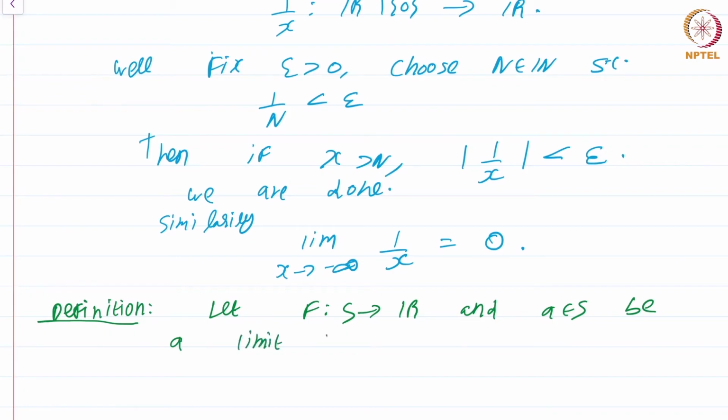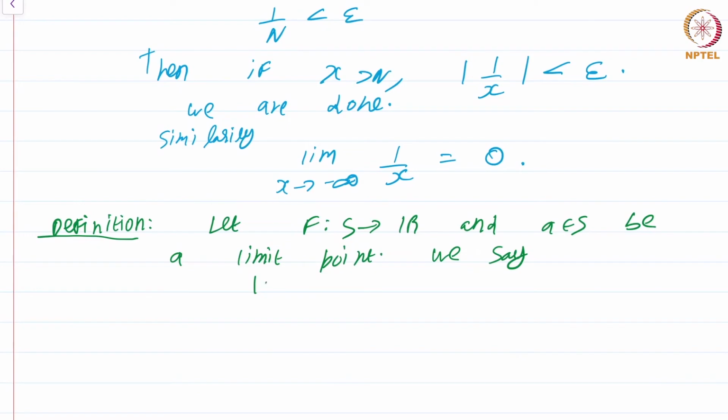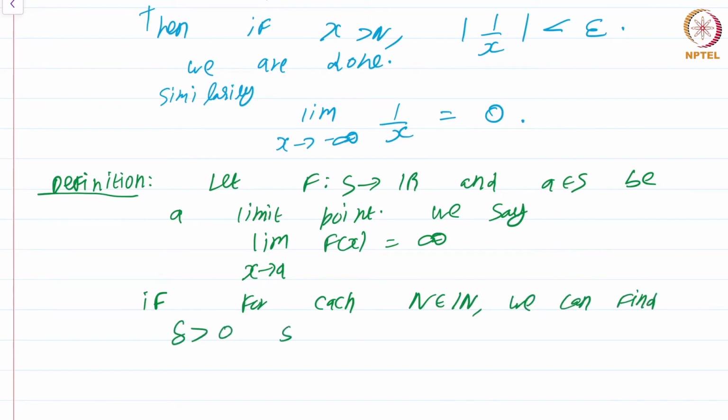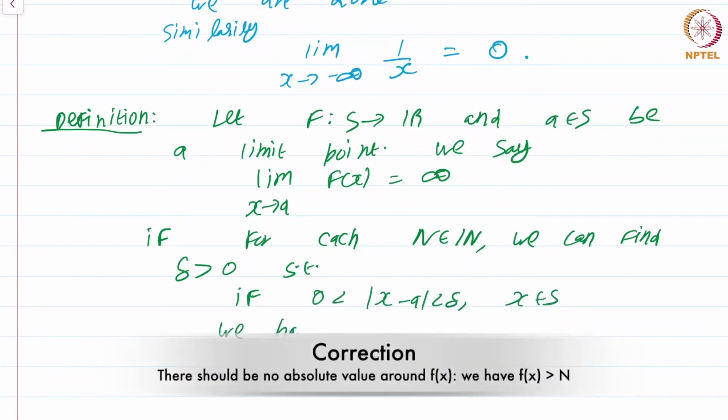We say limit x going to a of f of x equals plus infinity if for each n in N we can find delta greater than 0 such that if 0 less than mod x minus a less than delta and x coming from S, we have mod f of x is greater than n.